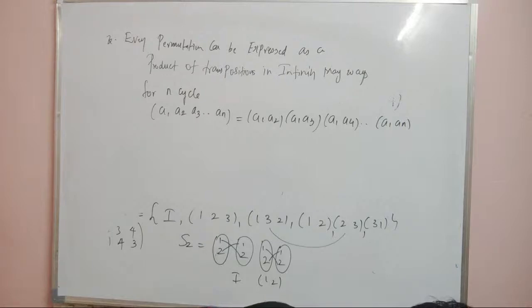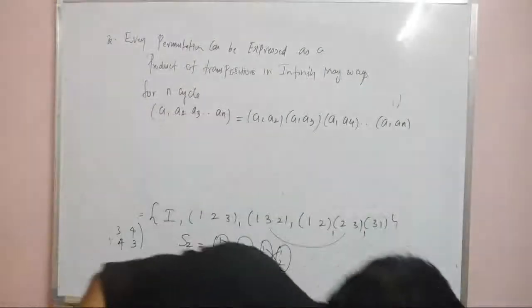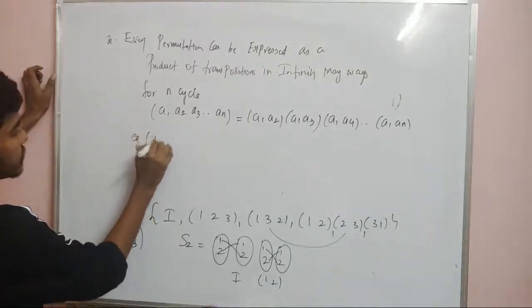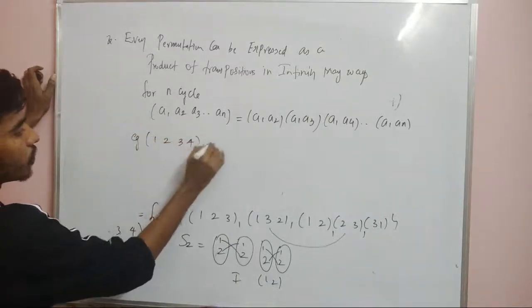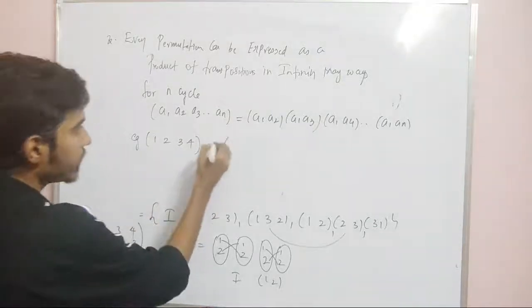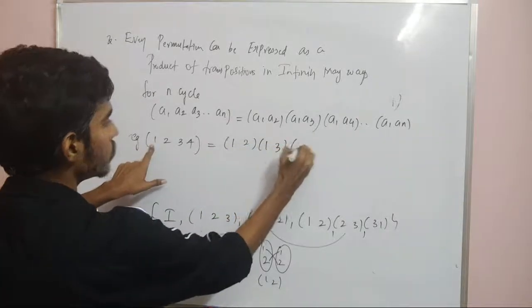So I will give you one example also. Let us consider (1 2 3 4). This is one permutation in S4. We can write this as a product of transpositions (1 2)(1 3)(1 4).